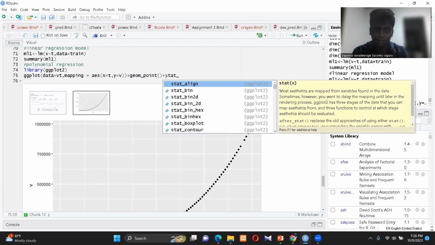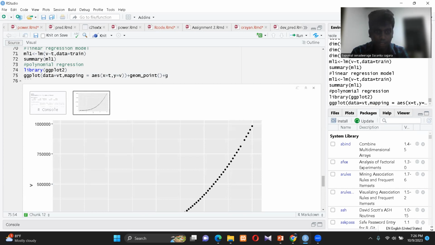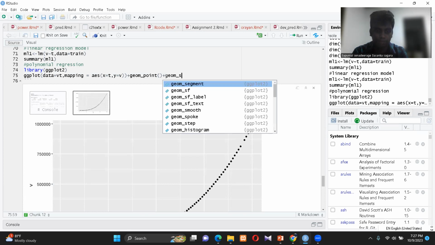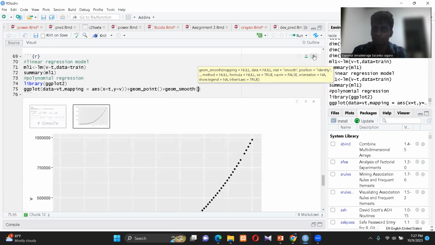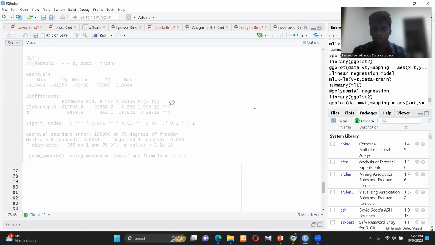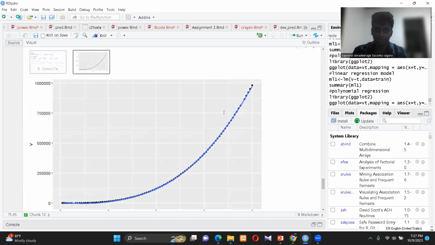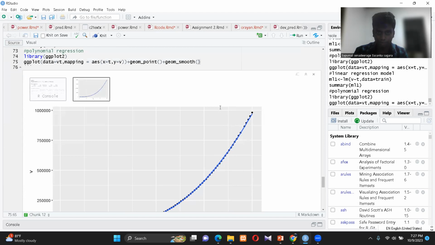I'm trying to find out which will be the geom smooth. Let me add geom smooth first of all, then I will show you what is the difference between geom smooth and stat smooth. In stat smooth, we are allowed to find what is the best fitted one. So this is the best fitted one, but we want to find out whatever the degree, right?